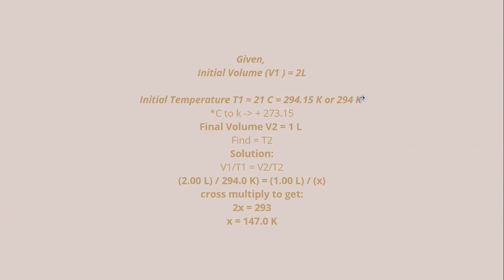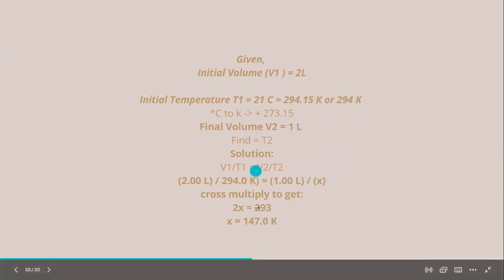So the final volume is 1 liter. So here we have to find the final temperature. We do the same like before. We insert what's known into the formula and then we cross multiply and get that the final temperature is 147 Kelvin.